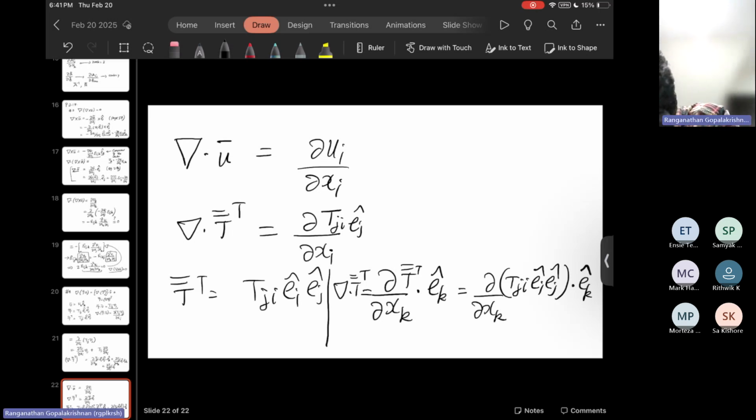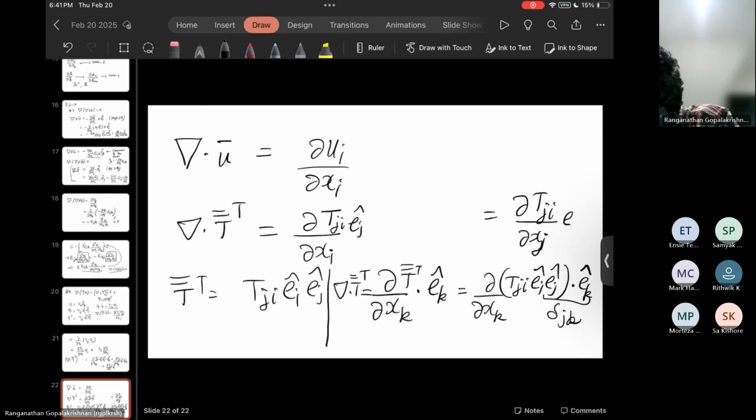So I'm going to get through this a delta_jk, so I have to set j equal to k. So this is equal to the partial derivative of T_ji with respect to x_j, e_i.